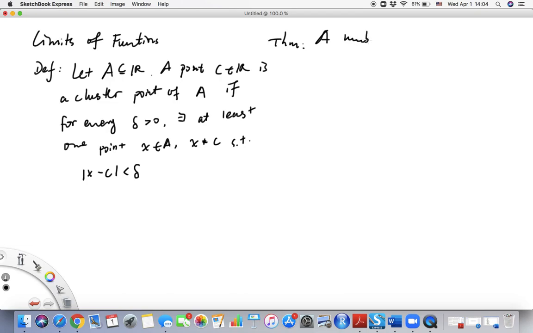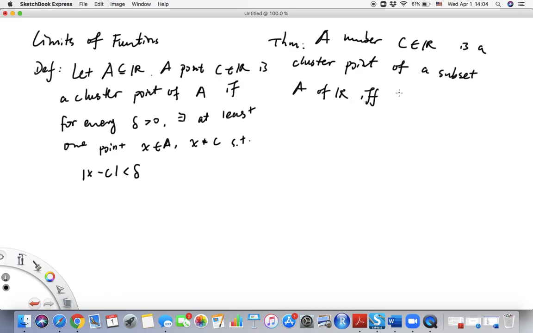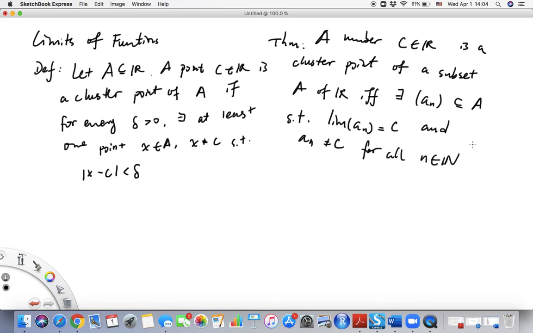A number c in R is a cluster point of a subset A of R if and only if there exists a sequence a_n in A such that the limit of a_n is equal to c and a_n is not equal to c for all n in N. Okay, so how do we prove this?